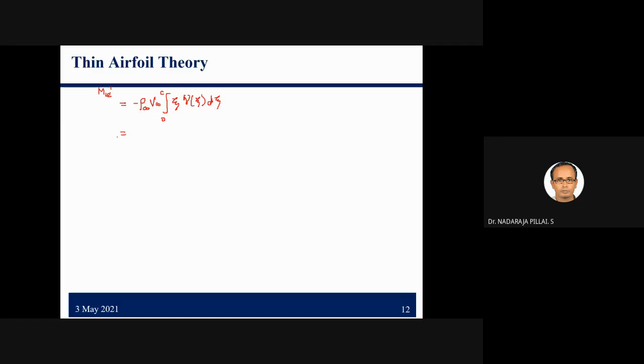So minus rho infinity V infinity, when I convert that into theta, integral 0 to pi, c by 2 into 1 minus cos theta, into gamma of theta, into d theta, which becomes c by 2 sin theta d theta.